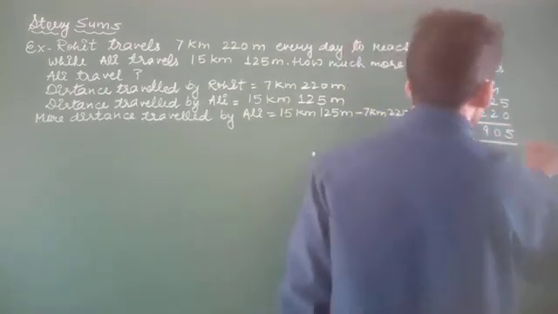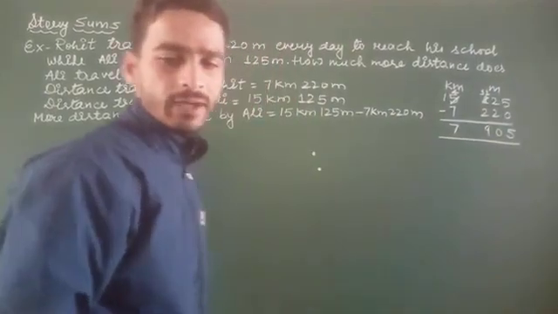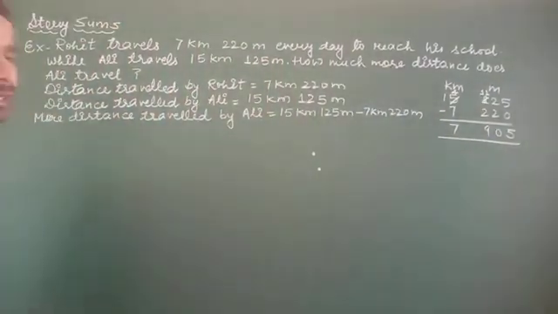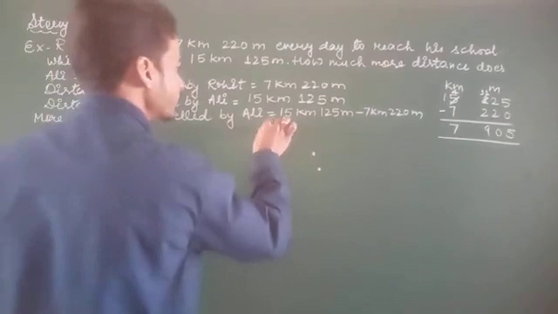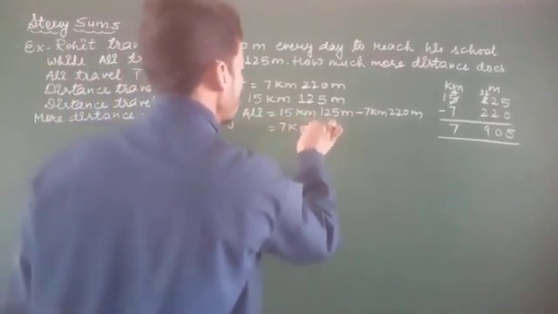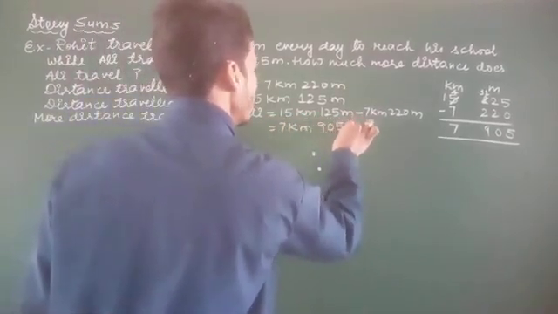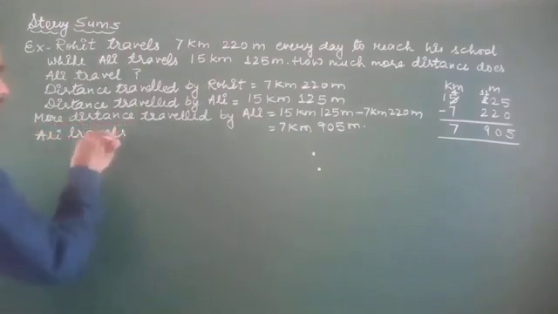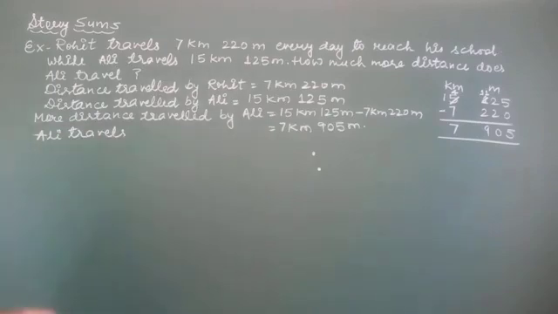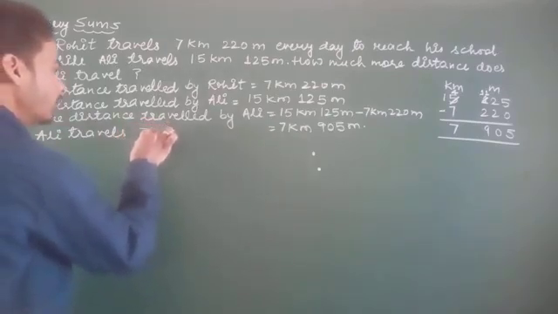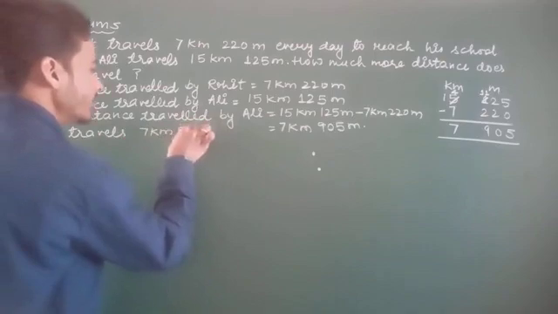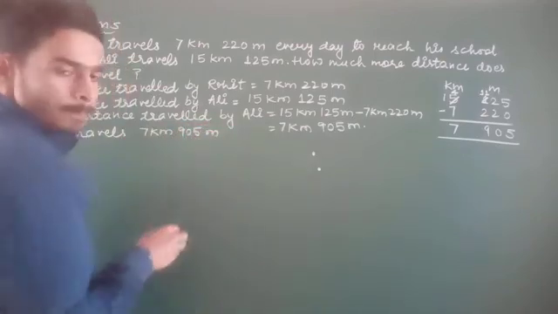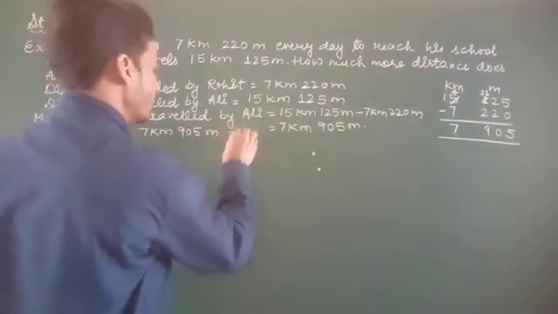So the answer is 7 kilometer 905 meter. So Ali travels 7 kilometer 905 meter more than Rohit.